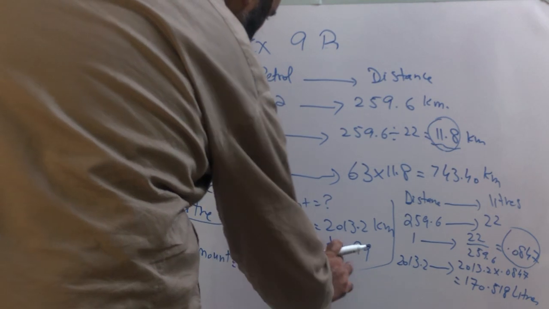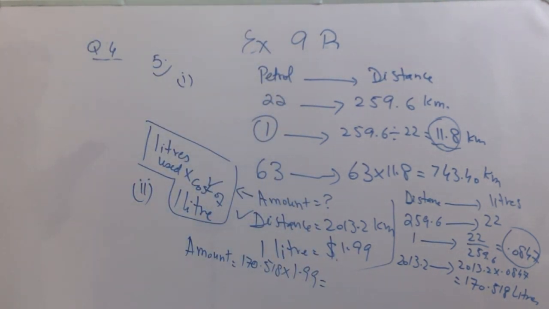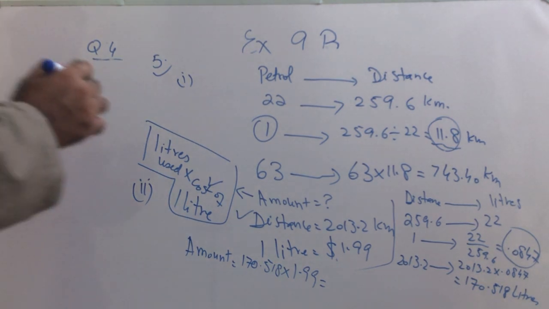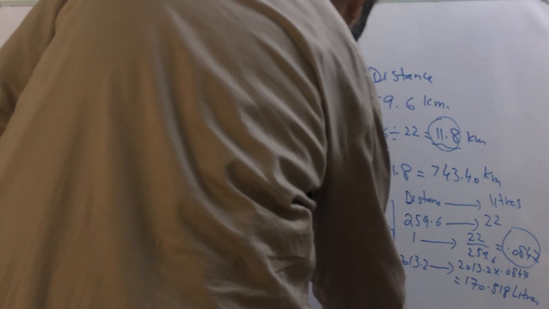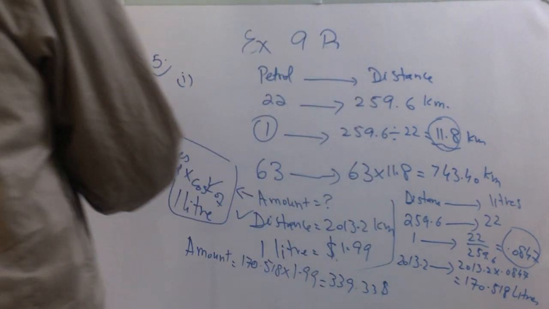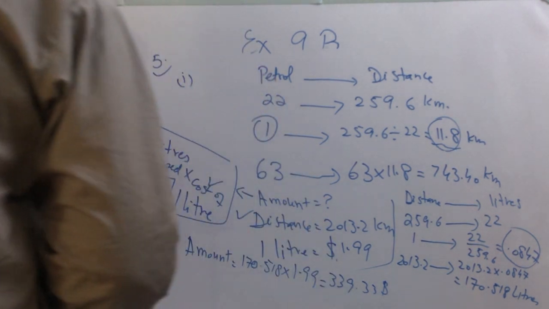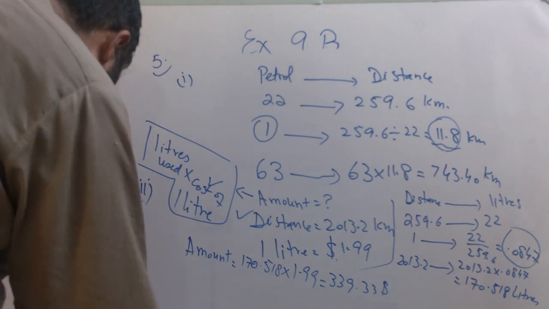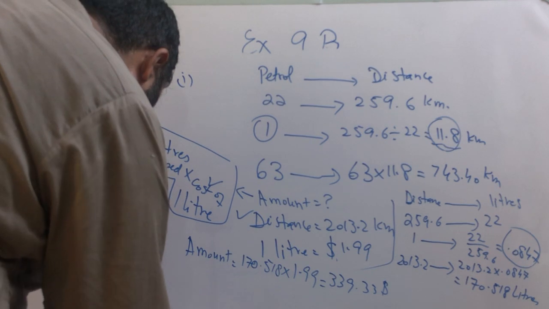We just multiply these two numbers: 170.518 multiplied by 1.99, we get 339.33 dollars. This is the answer, the solution for part 2, question number 5.